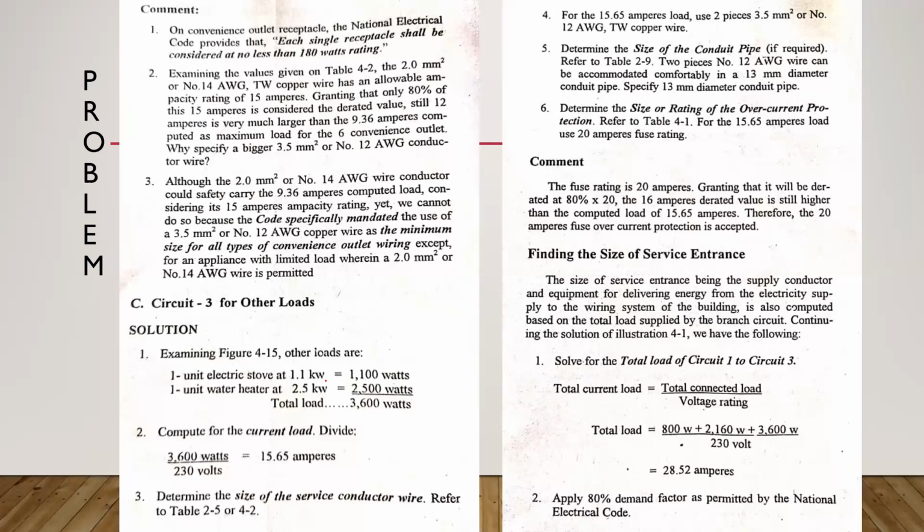So may total load tayo na 3,600 watts. So total load na yon, kukunin natin ang kanyang current load. So divide natin sa total service 230, we will have value of 15.65 amperes. Okay. Next, i-determine natin yung size of the conductor wire. So, punta tayo sa 2-5.